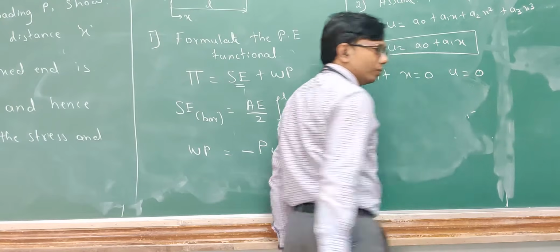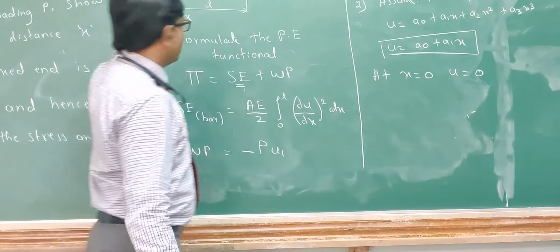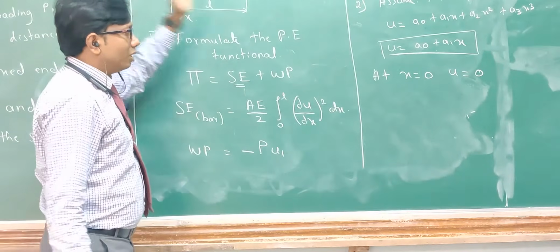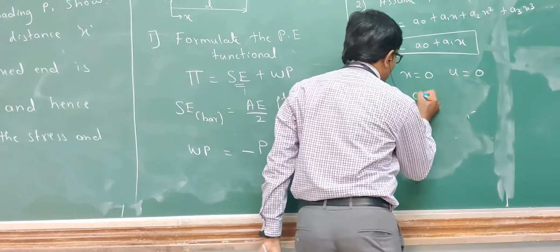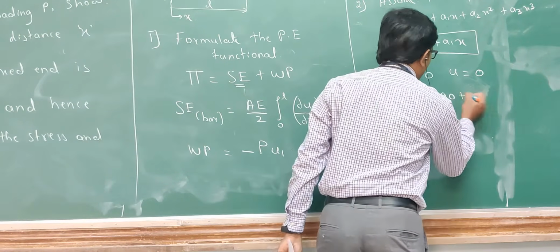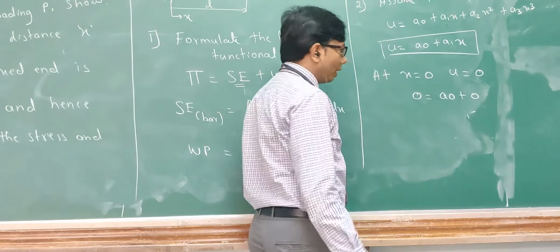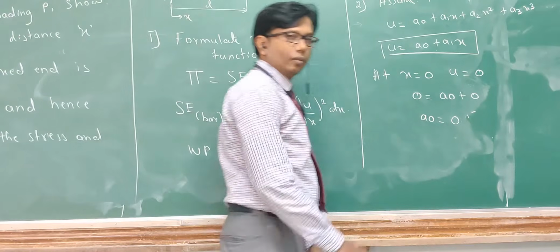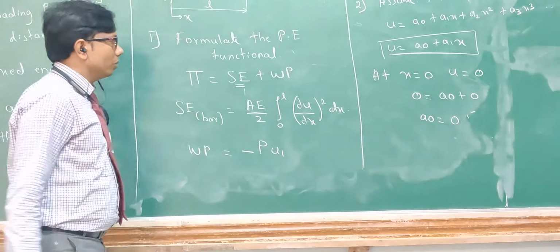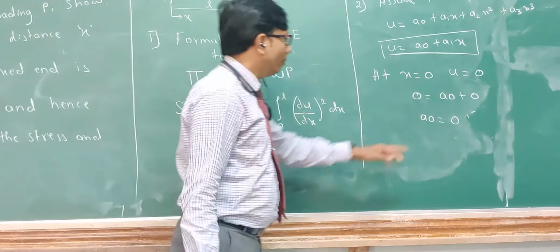As it is a fixed end, the displacement will be 0. So if I substitute x is equal to 0, I get 0 equals a0 plus 0. What do you get? a0 is equal to 0. So this is how you get the value of a0 here.